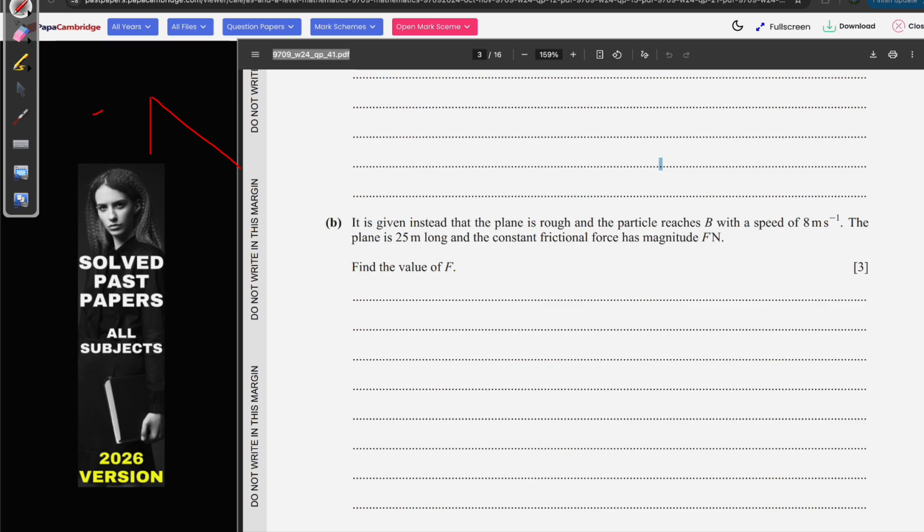Here we have 12.5, and what they mean by 25 meters long is that this part is 25, right? So what we are going to do here, there is a rule where change in mechanical energy is equal to the work of friction, right?